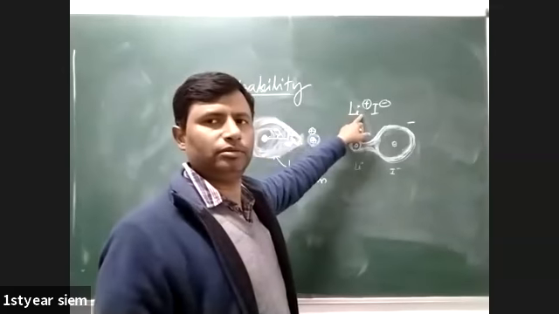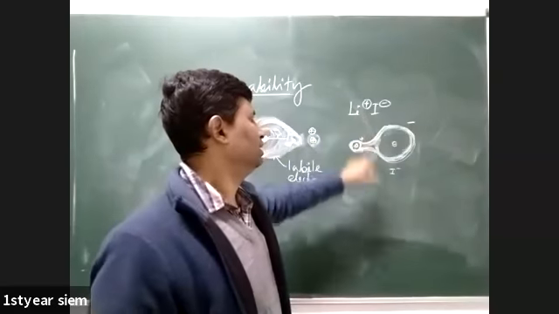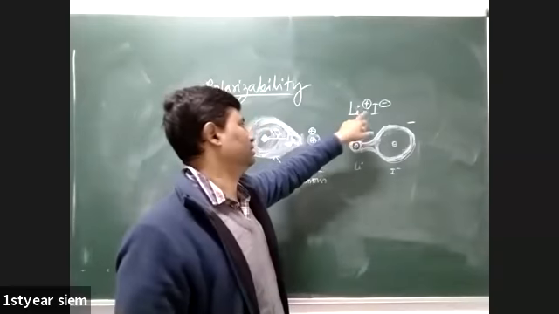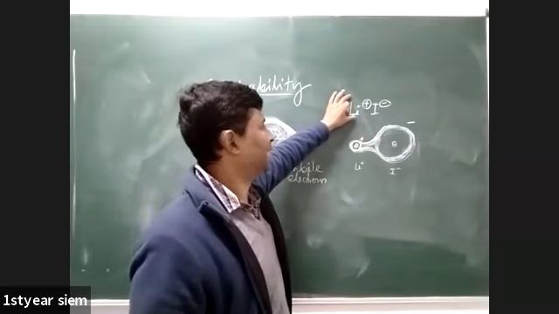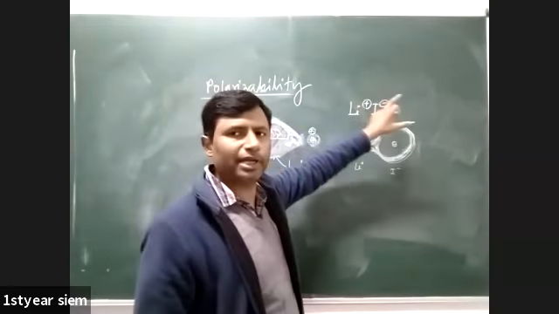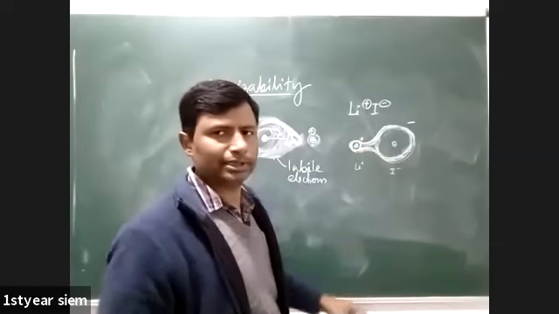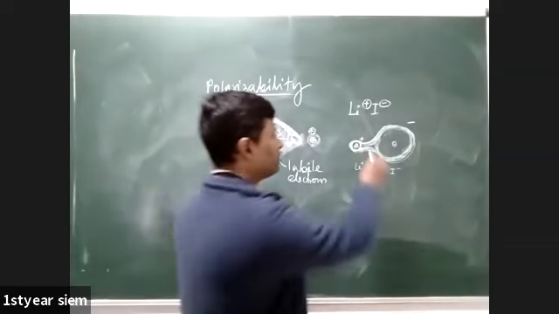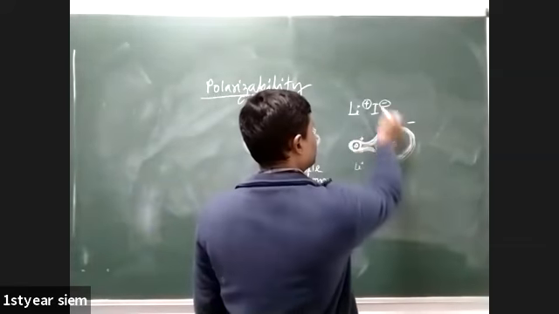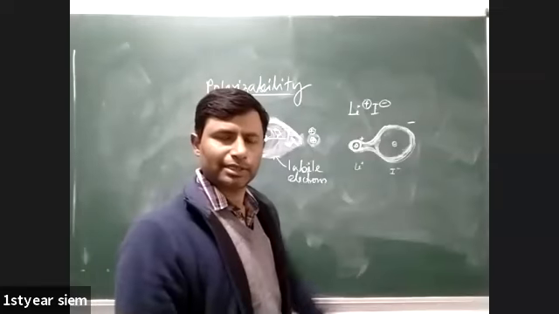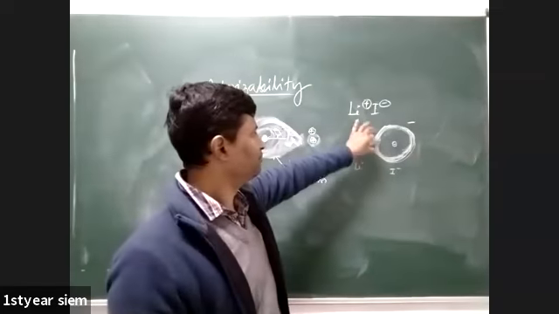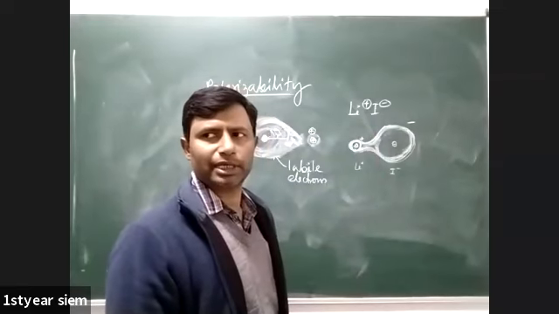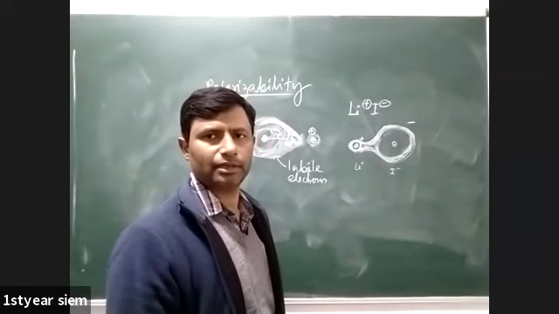But in this type of ionic compound, because the size is very different, the cation is very small and the anion is very large, the ionic bond has some covalent character because the electron of the anion is shared with the cation. Some sharing occurs. That is why we get some partial covalent character. Clear?